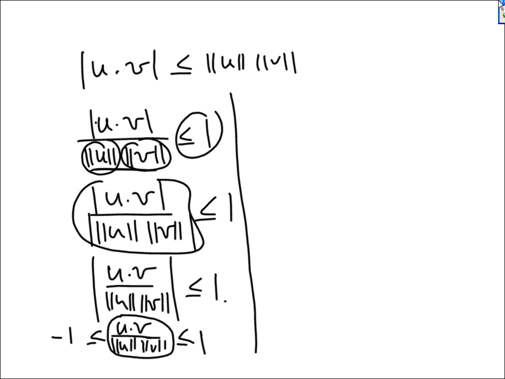But nonetheless, they called this the cosine of the angle. They said the cosine of theta is equal to u dot v over the length of u times the length of v, and the theta is the angle between u and v. What does that mean?